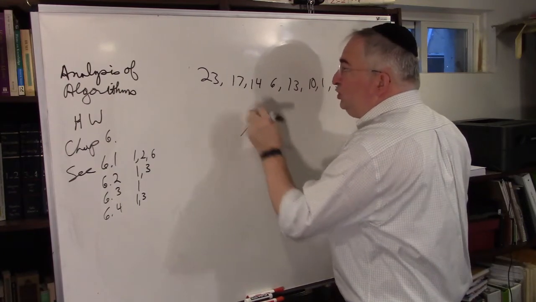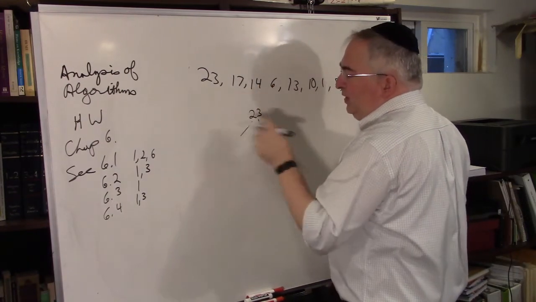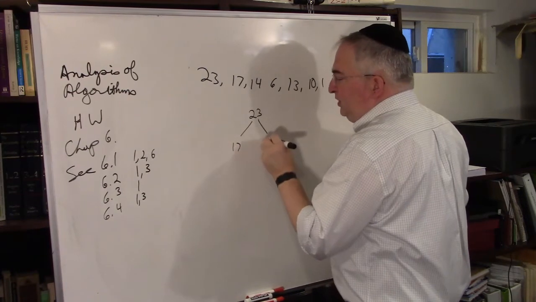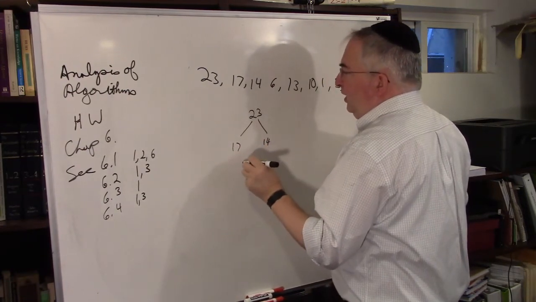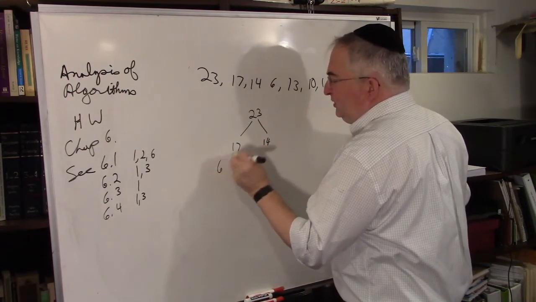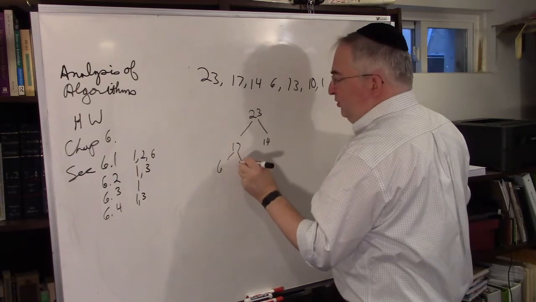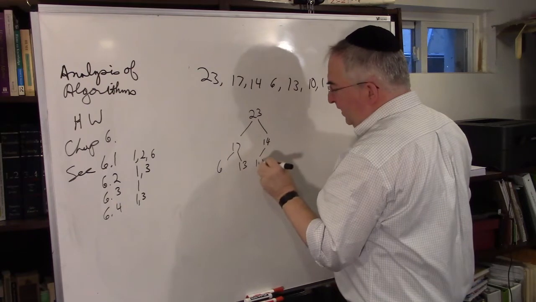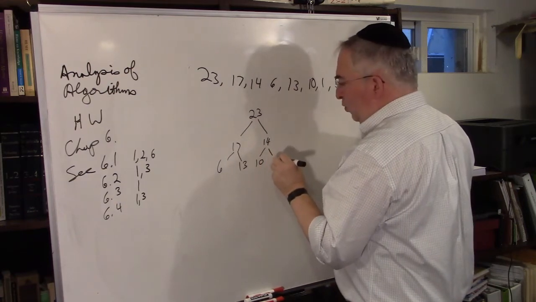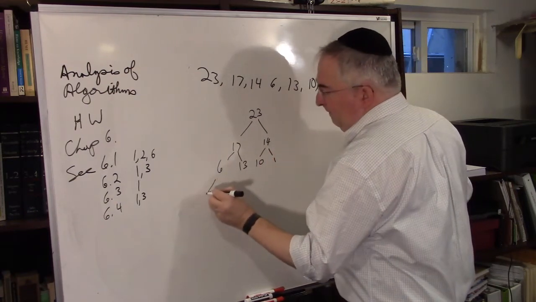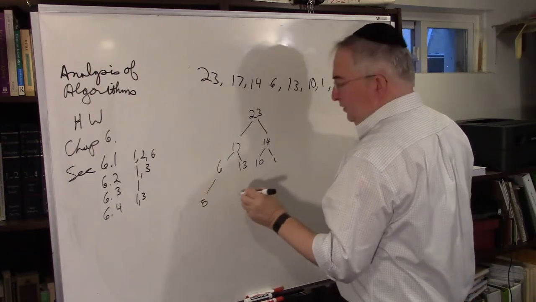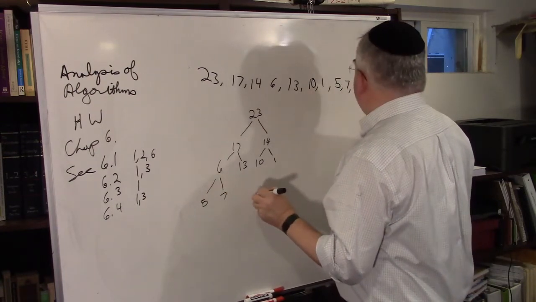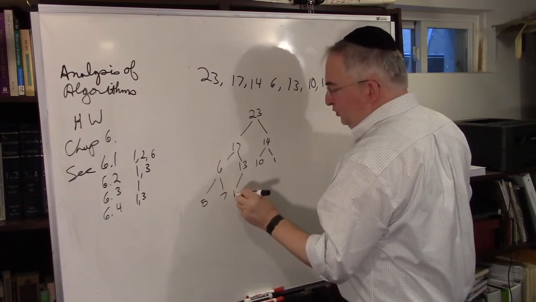23 has 2 children. We're reading from left to right and putting them in: 17, 14, 6, 13, 10, 1, 5, 7, 12.